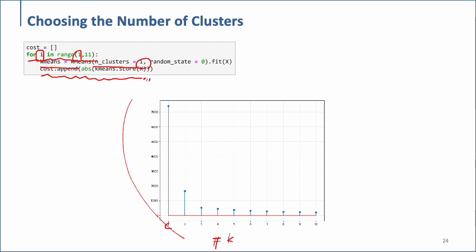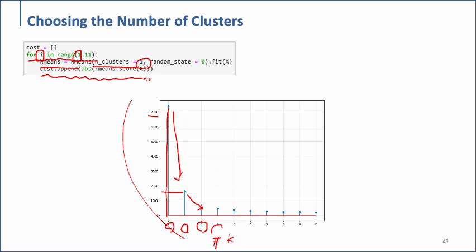When k is 1, the error is about 7,000. When k is 2, the cost function decreases to about 1,500. When k is equal to 3, the error goes down to 500.